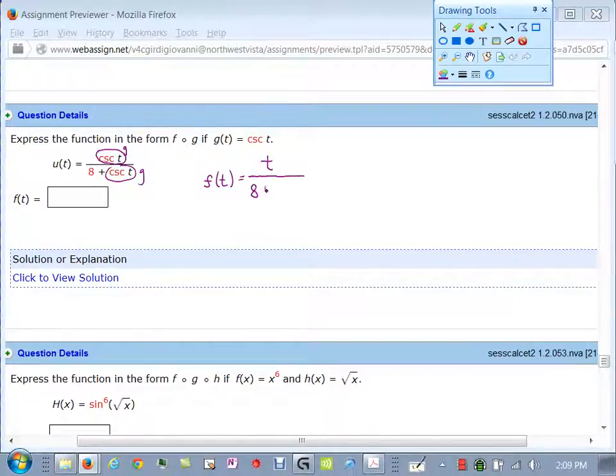Then 8 plus, I'm going to replace that t right there with g. And now if g of t is cosecant t, you can see that when I take this and plug it in here and here, that means I'm doing this composition, I should get out this u of t.